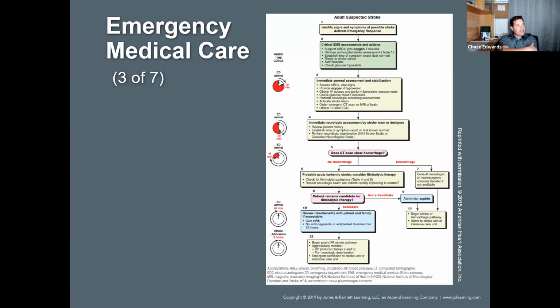So there's the AHA sheet there. It shows the adult suspected stroke algorithm for the American Heart Association. So screenshot it if you want to.